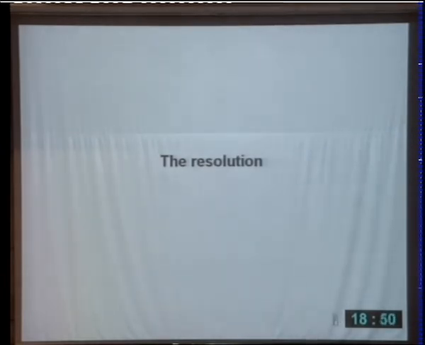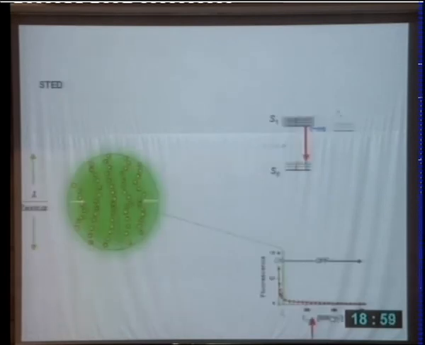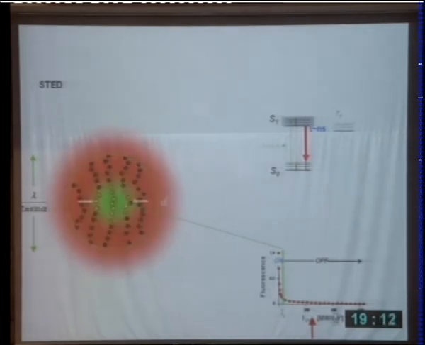So talking about resolution, the question that comes up now, if one talks about the basic principles, is what resolution can you get? You've seen all kinds of numbers, 70, 50, 20, 15 nanometers. Well, it's clear that the resolution is determined by the region, the coordinate, in which the molecule is allowed to emit.